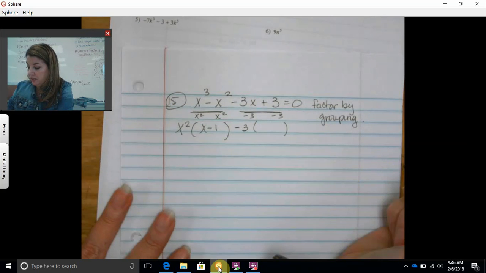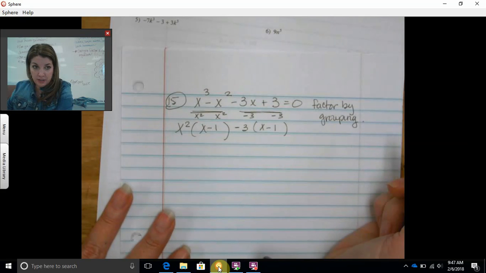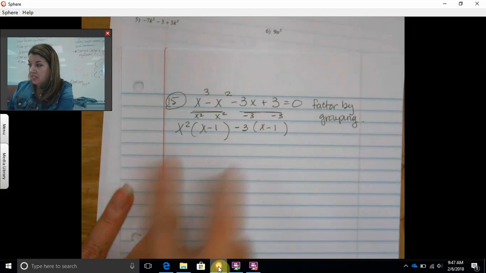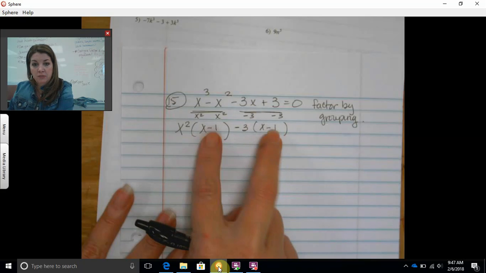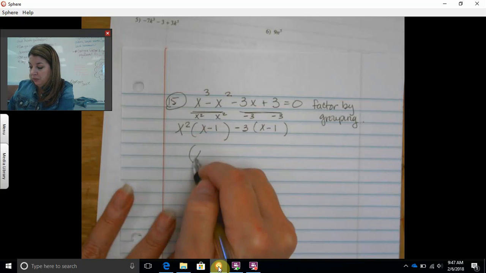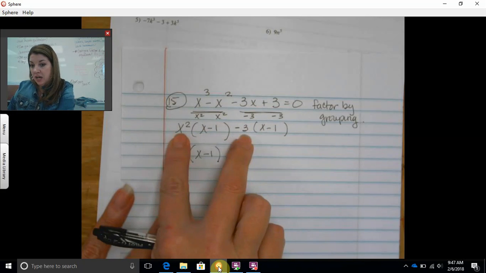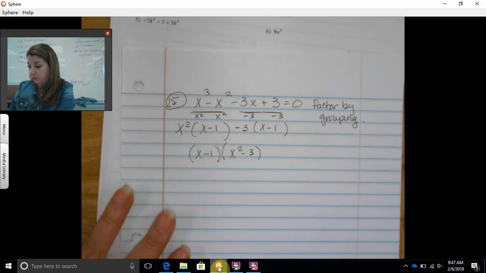Factor it out, what's left? X minus 1. Is this factorable? Yeah. And we know that because what is inside the parentheses, those 2 factors are identical. So these 2 terms have a common factor of x minus 1. So we factor that out and put it in one set of parentheses. What's left on the outside, we group together in another set of parentheses.